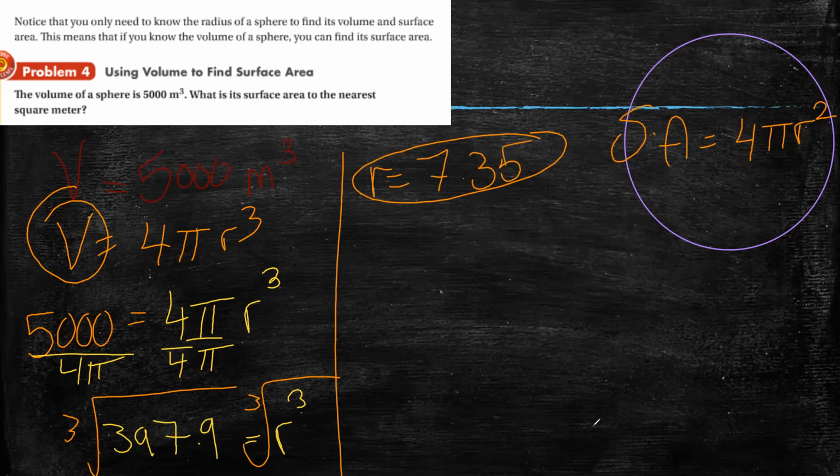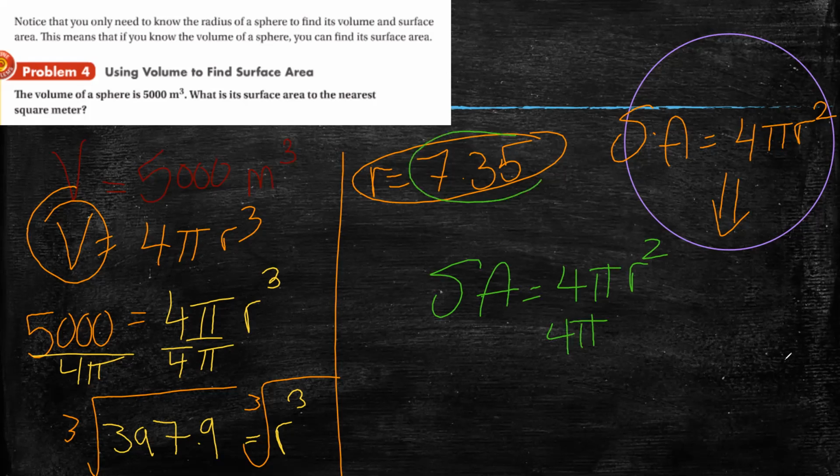So after we find the radius, let's come back now to the surface area. To find the surface area, as I told you, it is 4 pi r squared. Now what is the radius here? It is 7.35 squared.